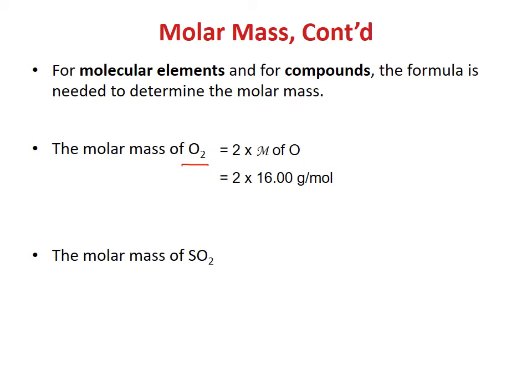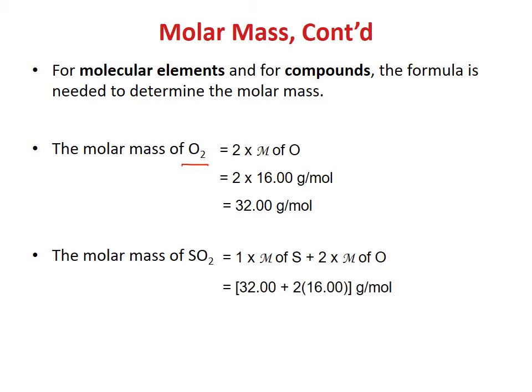So times 2 gives you 32 grams per mole. So that's the molar mass of oxygen molecule. For sulfur dioxide, since it has 1 sulfur and 2 oxygen, you need to use 1 times the mass of sulfur and 2 times the mass of oxygen. And again, use the periodic table, find the mass of the atoms and add together, which gives you 64 grams per mole.